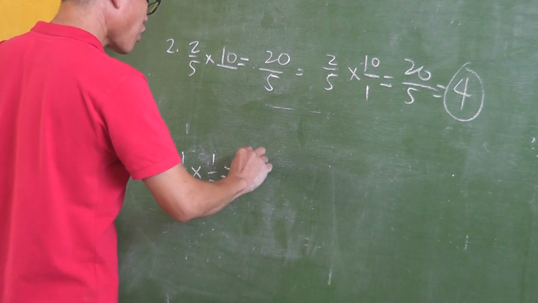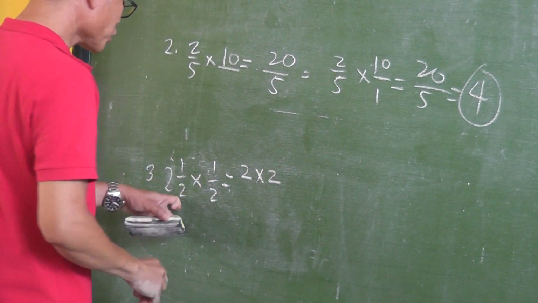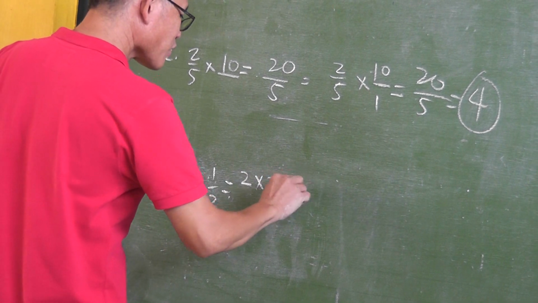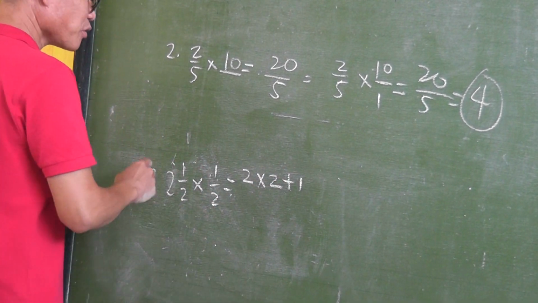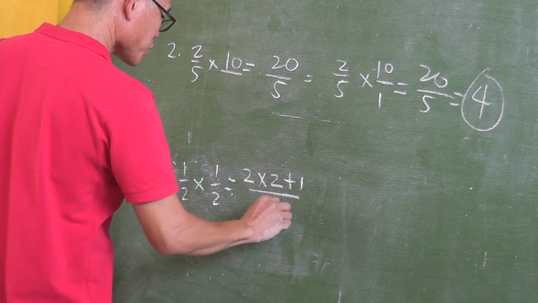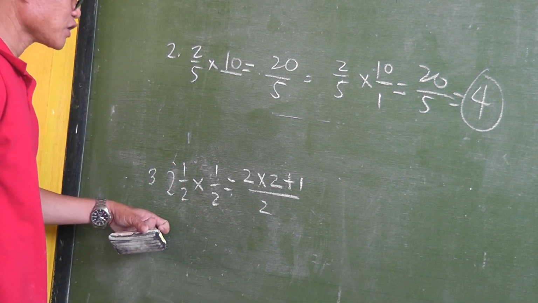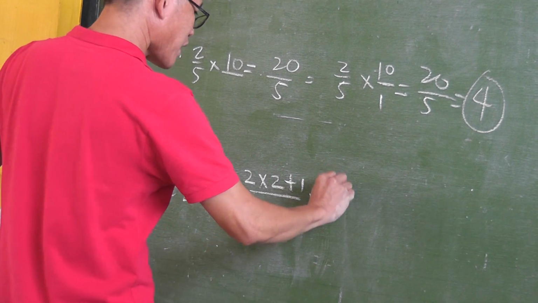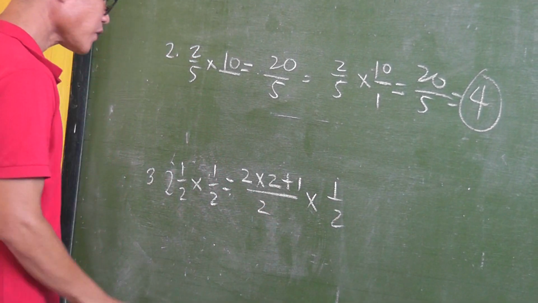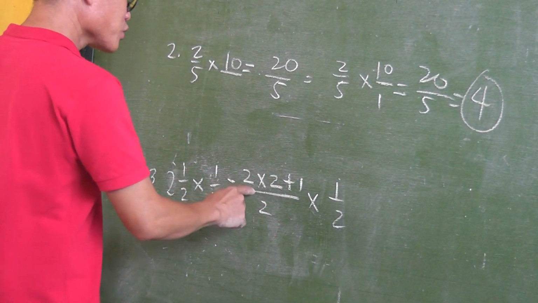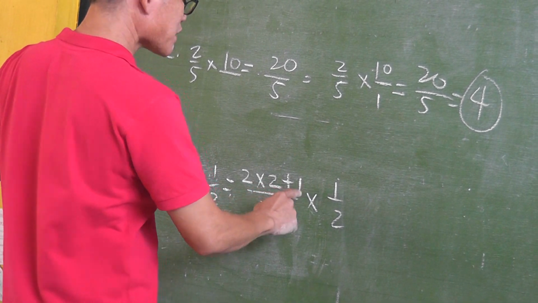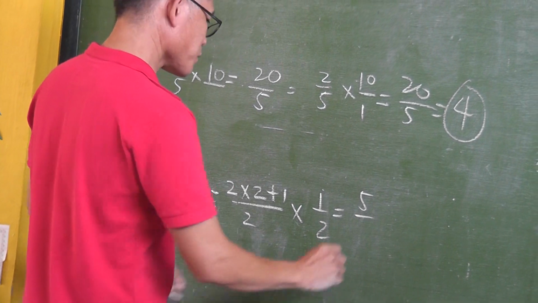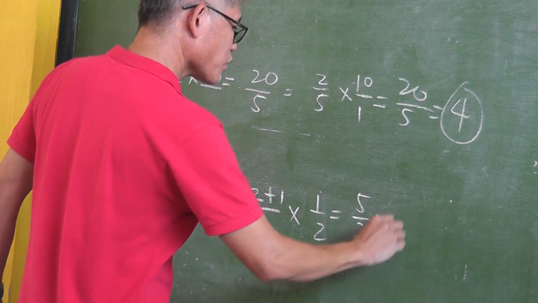So 2 times 2 plus 1, you add the numerator, and then over 2. That's how you change to improper fraction. And then multiply it by 1/2. So 2 times 2 is 4 plus 1 is 5 over 2 times 1/2.